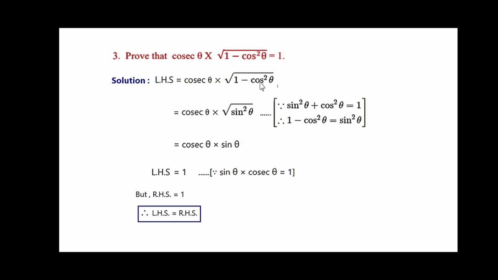Now here it is 1 minus cos square theta, we will replace that value. Therefore cosec theta into under root of sin square theta. The square root of sin square theta is sin theta. Cosec theta into sin theta, the product of this is 1. This is an identity. Therefore LHS is equal to 1, and RHS is 1 already given. So from these two we can write LHS is equal to RHS, means cosec theta into under root of 1 minus cos square theta is equal to 1, and it's proved.